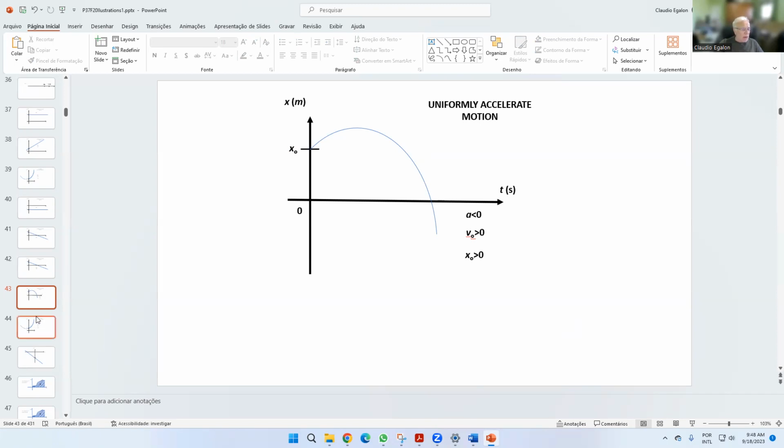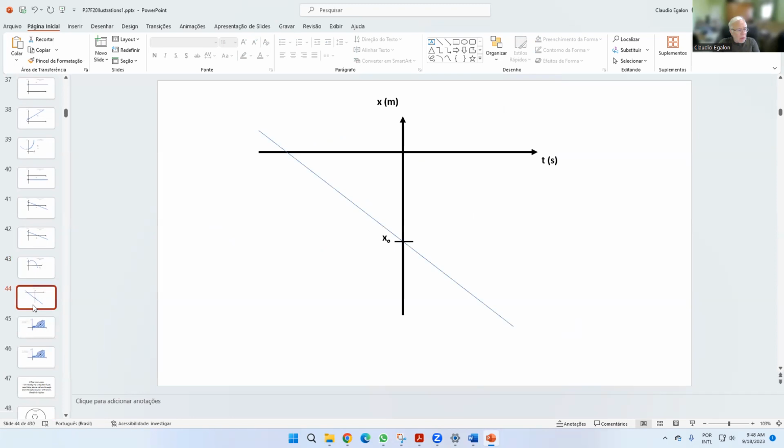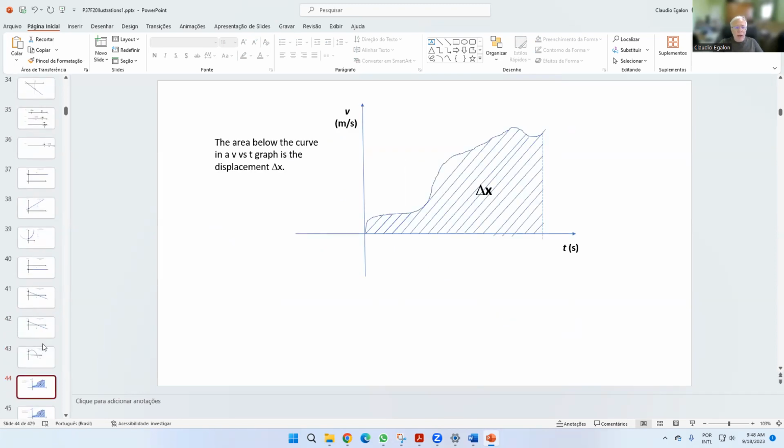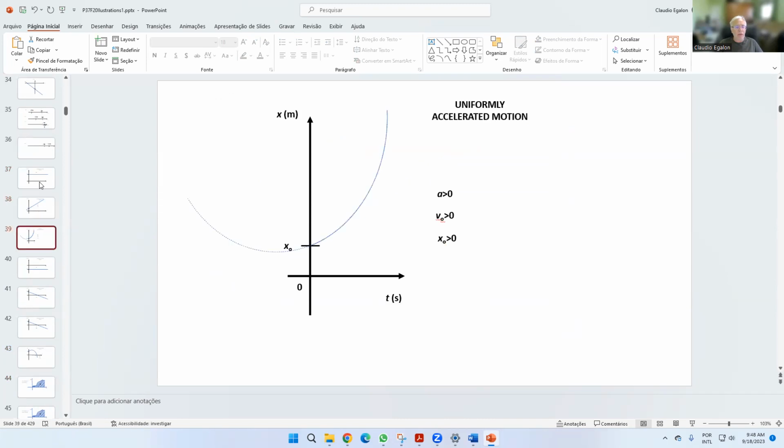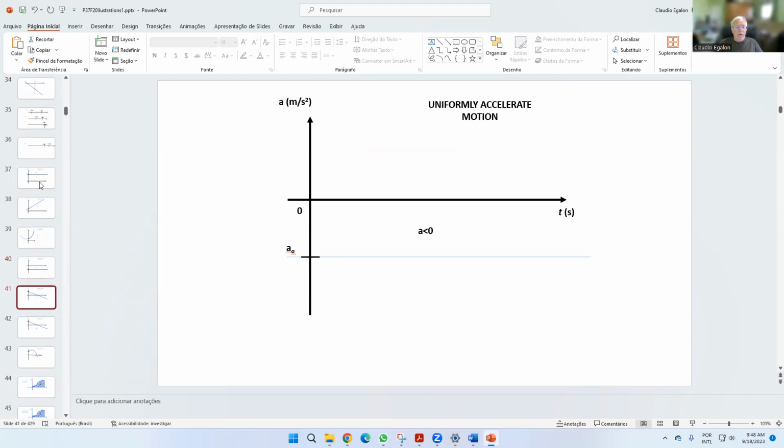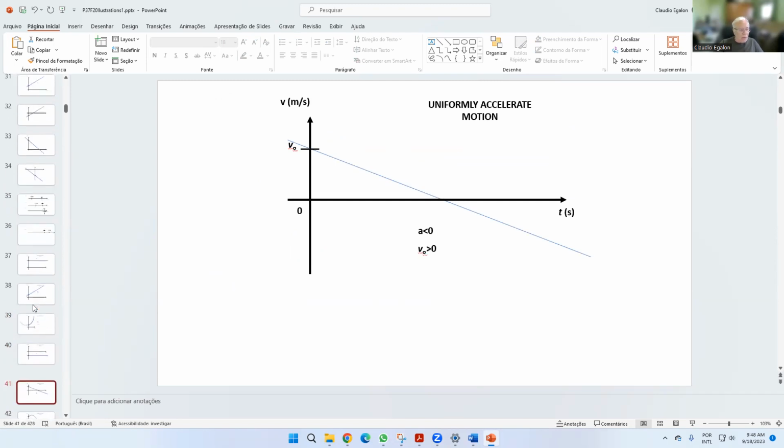And then you can start thinking about how the other graphs would look like, right? I did just for A positive, V naught positive, and X naught positive. I did A negative, V naught positive, and X naught positive.